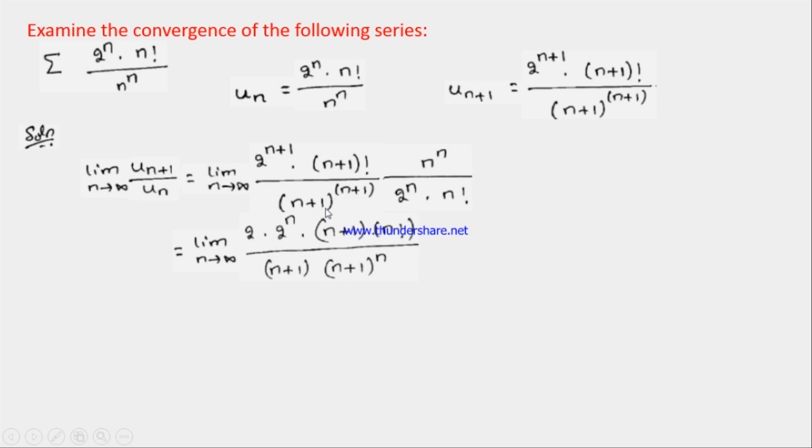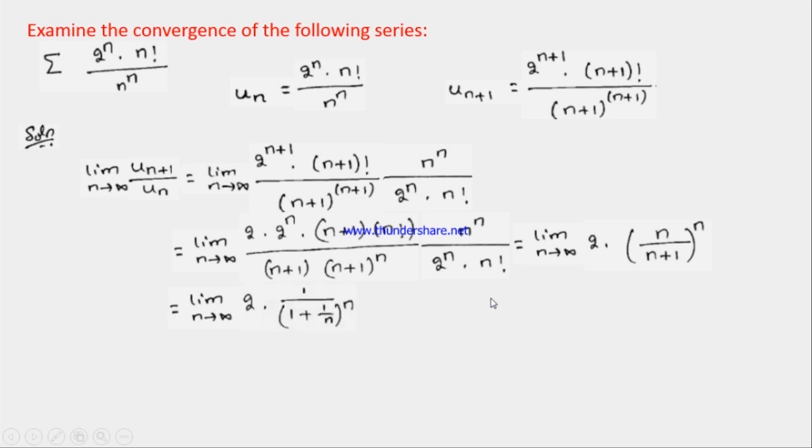And this can be written as n plus 1 power 1 into n plus 1 power n, into this expression is written as it is. Here 2 power n cancels, n factorial cancels, and we can combine this n power n and n plus 1 power n, and further this n plus 1 is also cancelled.